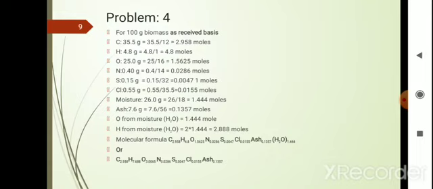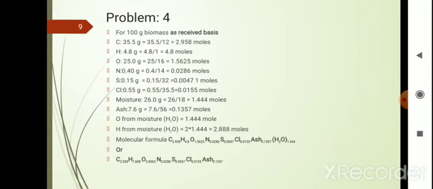So 4.8 plus 2.88 is 7.68. Similarly for oxygen, first we have 1.5625 plus the oxygen corresponding to water, that is 1.444. So now oxygen is 3.0065 and the other values are the same.